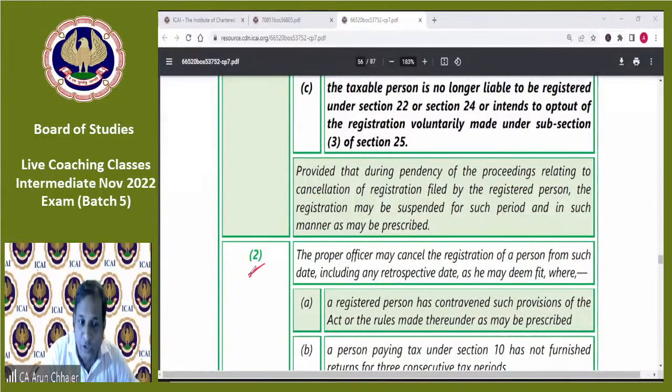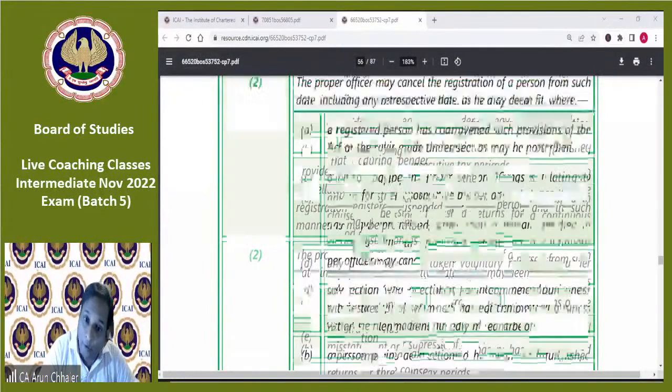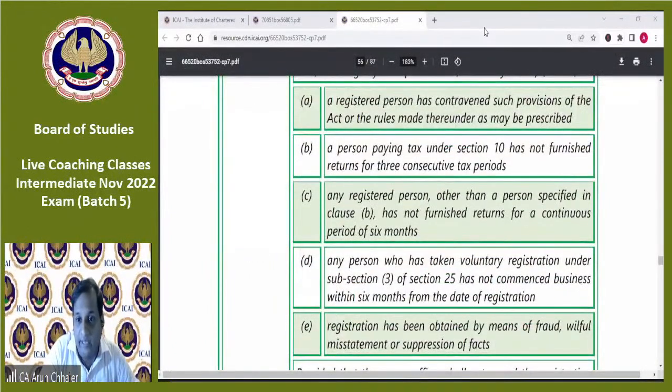Now, subsection 2 is talking about the proper officer may cancel the registration. So, the proper officer alone can cancel the registration when? If any registered person has contravened the GST provision, or a person paying the tax under section 10, that is composition levy, has not furnished the return for 3 consecutive tax periods, or any registered person other than the person specified in clause B, it means a regular registered person, has not furnished the return for 6 months.